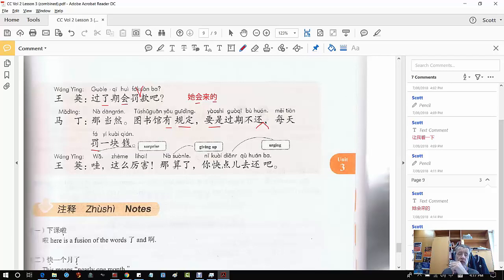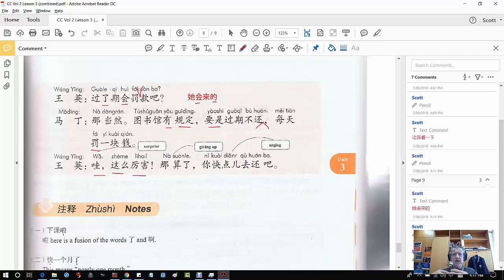And then Wang Ying says, 哇, which is one of those cute Chinese expressions of surprise. 哇, 这么厉害, 这么厉害. So the 这么 we looked at in the vocab list, and we gave the example of when you might say something to a Chinese person, even as simple as 你好, and then they'll say to you, 哇, 你的中文这么好.